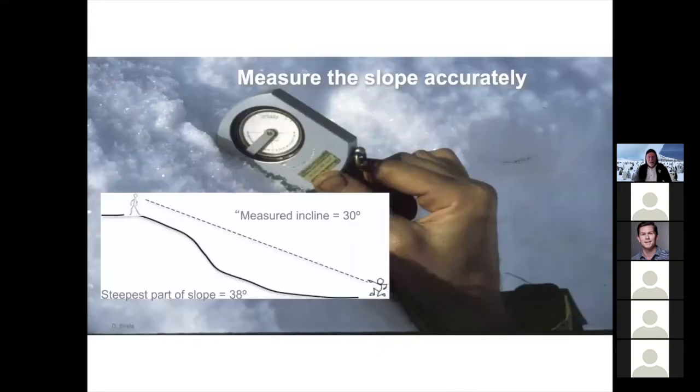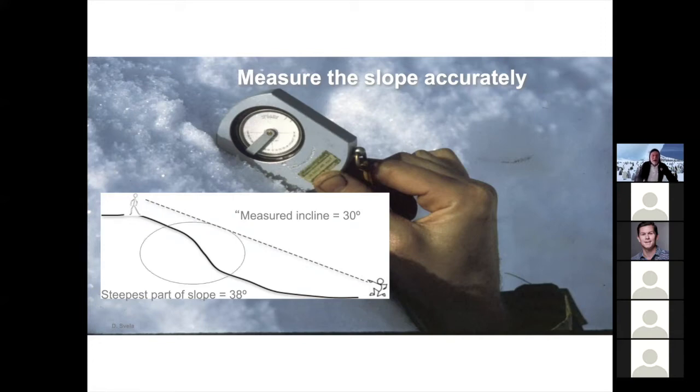We're estimating slope angles. Sometimes we can sight to estimate them, but we also have to remember that our sighting is just an average and it doesn't take into account the complexity of the slope. Here we have a convexity with a concavity and a steeper area in there. We might measure it at 30, but a maximum slope angle there might be 38.